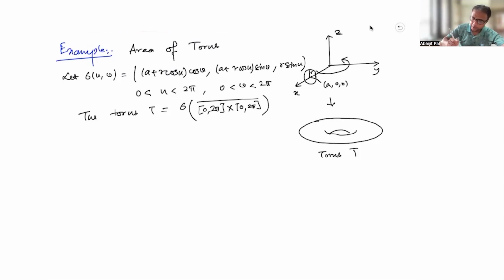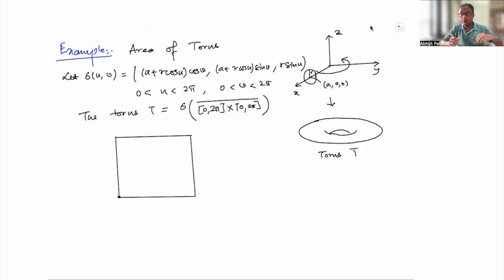So here, let us observe this. Now you take this square. What is this square?